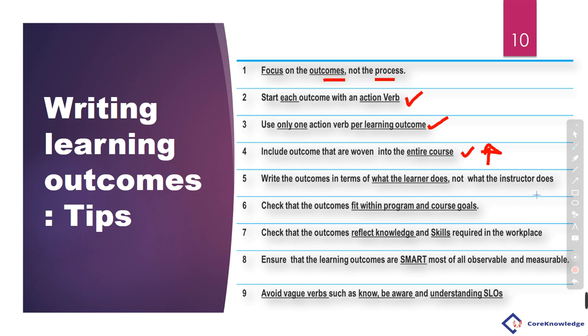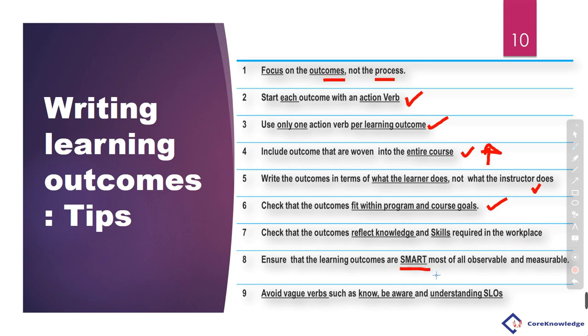Now, write the learning outcomes in terms of what the learner does. Remember, it's the learners, and the results should be extracted from the learners, not what the instructor does. Mainly focus on what the learner is able to do. Now, let the outcomes fit within the program, more like number 4. Focus on different domains, where you have knowledge, behavior or understanding, and skill.